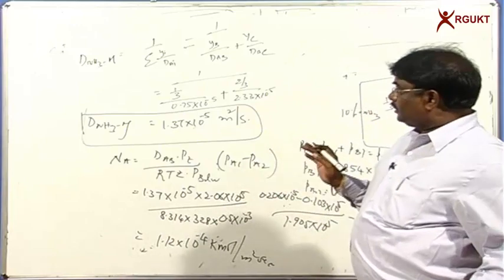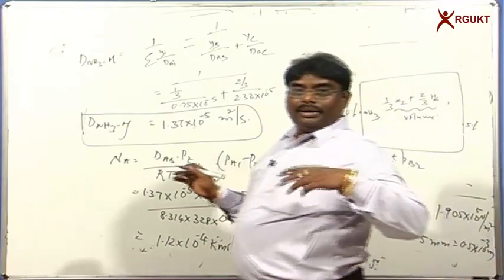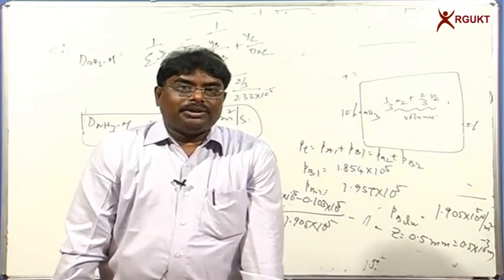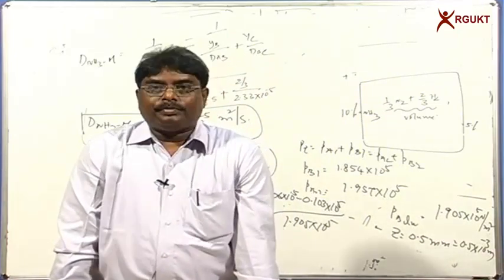So this problem consists of three things. One is the diffusion coefficient values are given at one condition. The diffusion coefficient values we have to calculate at condition 2.